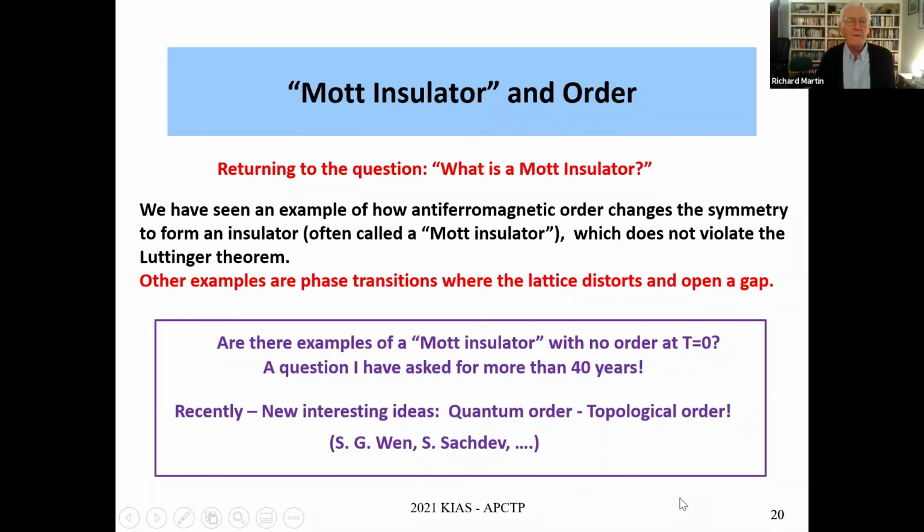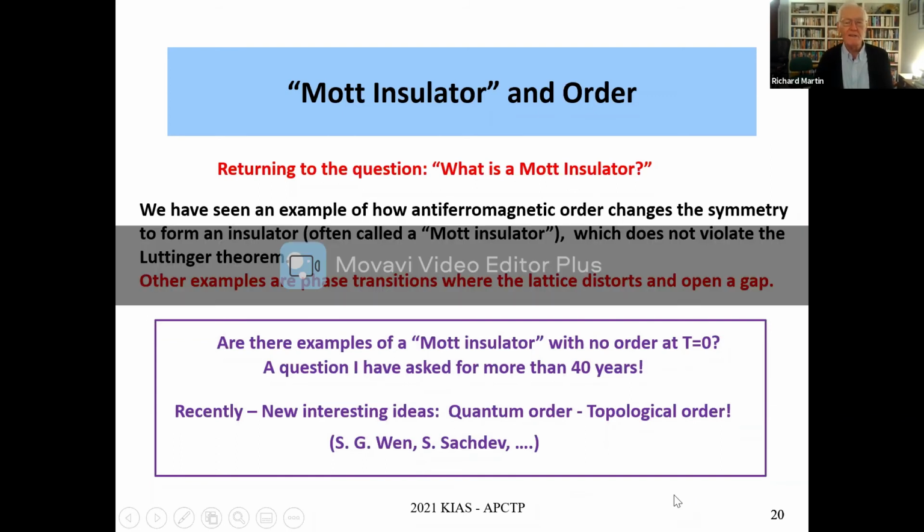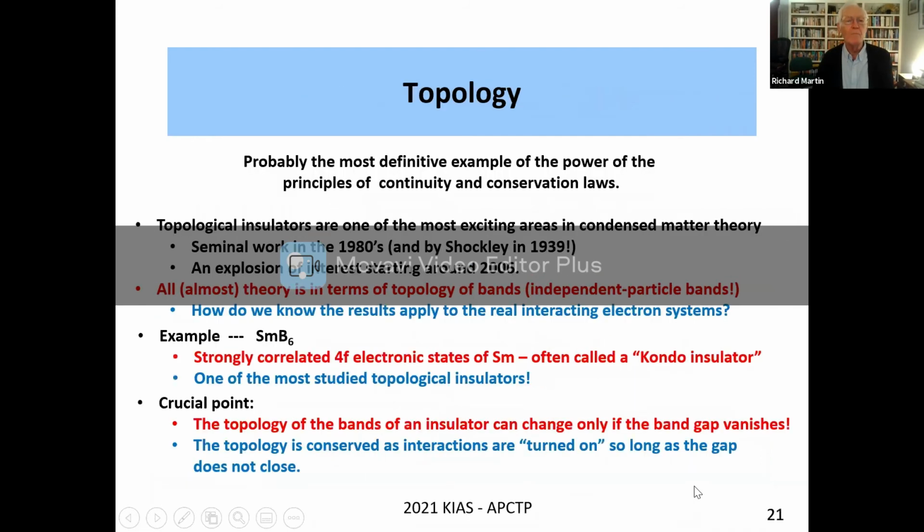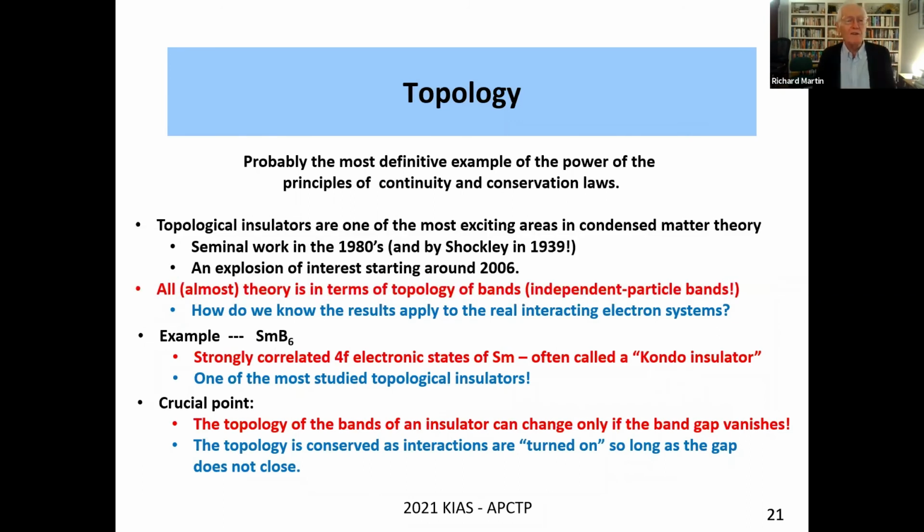So speaking of topological insulators, I'd like to mention how this fits into the picture that we're just describing. Probably the best example of all of a conservation law is topology. Topological insulators are one of the most exciting areas of condensed matter theory for the last decade.